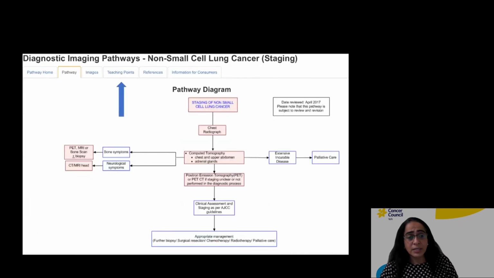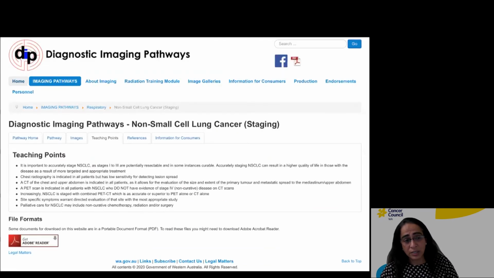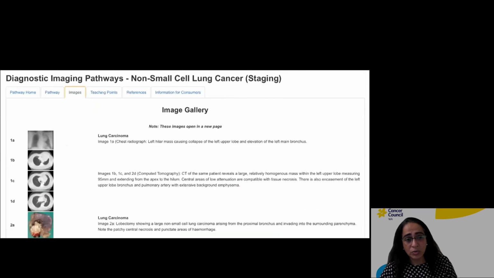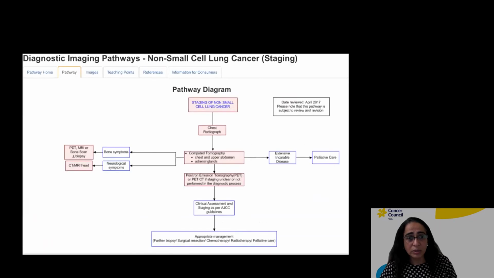You can access the teaching points by clicking on them. It lists the important points to remember in staging of that clinical problem. You can also access the images related to that particular pathway under the imaging icon.